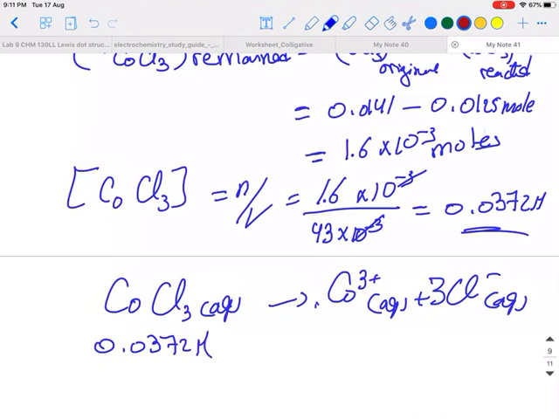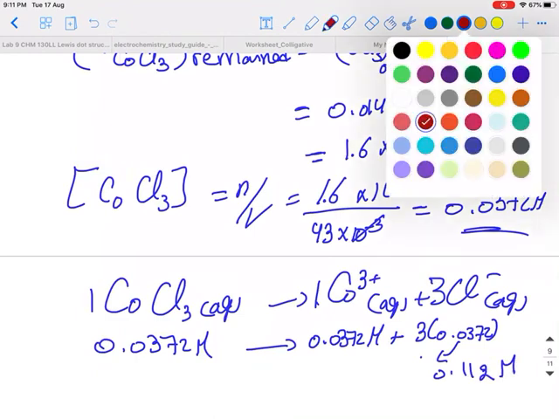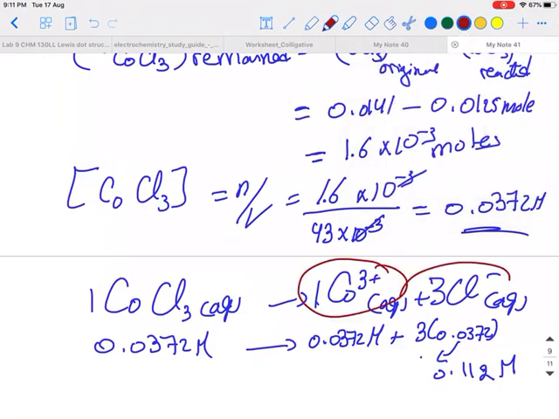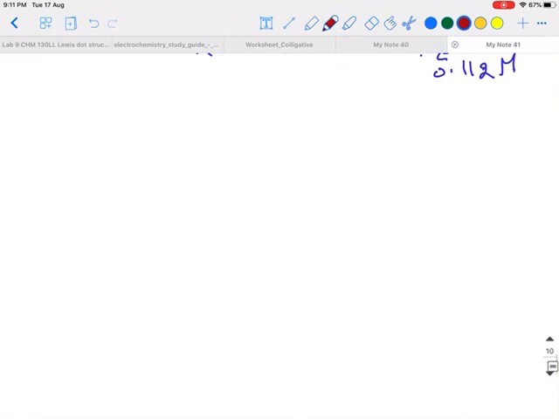If here 0.0372 and stoichiometry is applicable, ratio 1 to 1, so it is 0.0372 molar. This will be 3 times 0.0372 molar, which is equal to 0.112 molar.